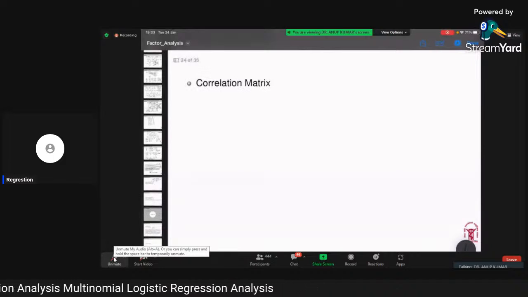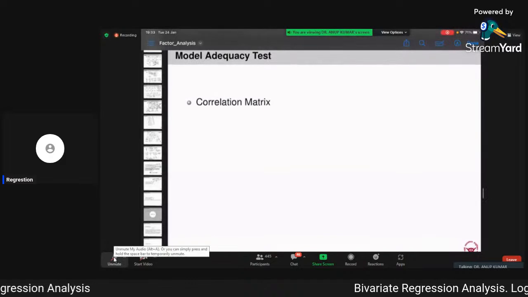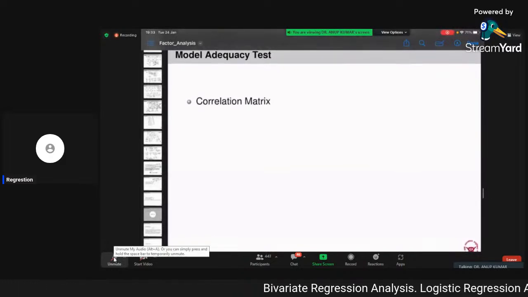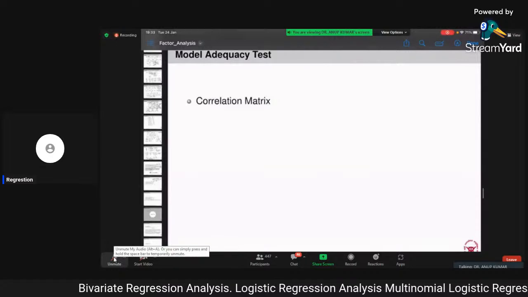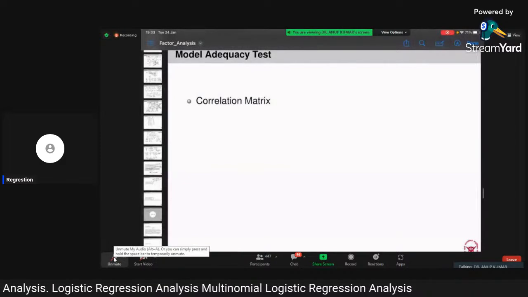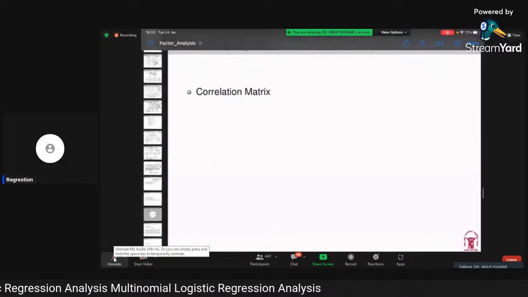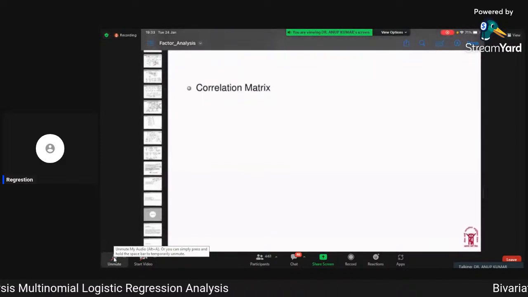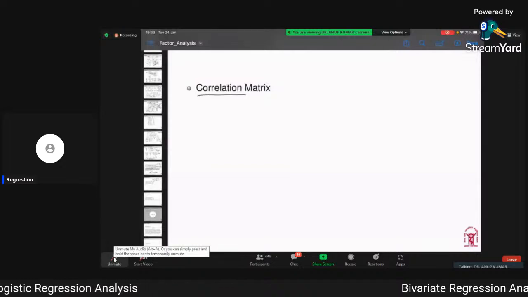Now, the very important thing is how we can judge whether these observable quantities are good for factor analysis. So first, you can create a correlation matrix.